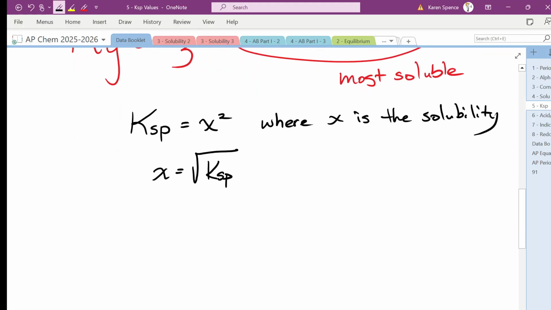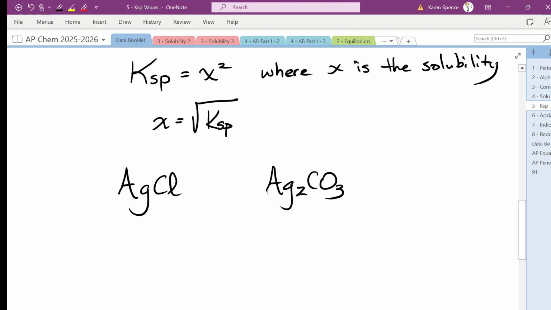Would we be able to compare AgCl with Ag2CO3? Not directly, because for this one, KSP is equal to x squared.